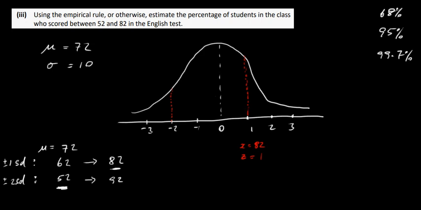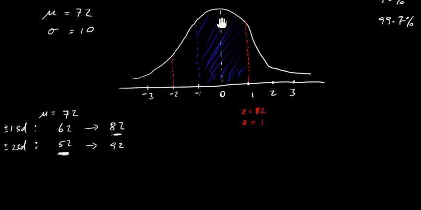Well, we know that we've got 68% of the students in here. This is 1 standard deviation. And we know that we have 95% of the students within 2 standard deviations. So we've got to do a little bit of calculating just to work out what this blue value here represents. So we know we have 68% here.